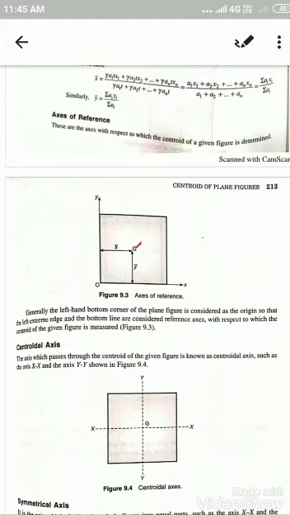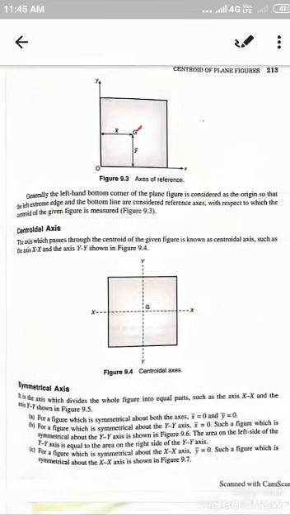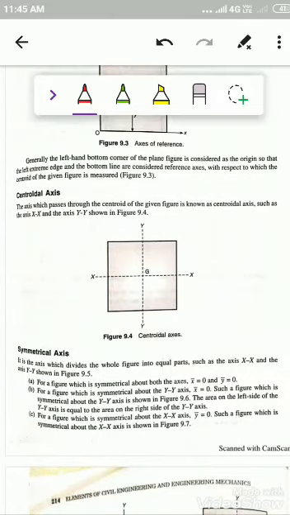Another important definition is the centroidal axis. The centroidal axis is the axis which is passing through the centroid of a given figure. You may observe here, this is the point where the whole weight of the body is assumed to be concentrated, the centroid point.